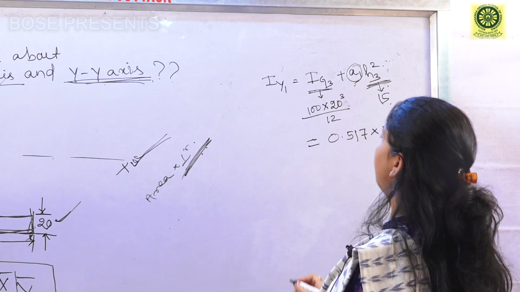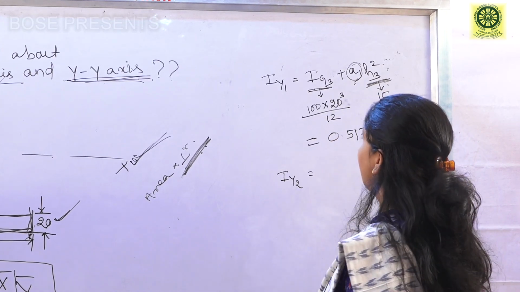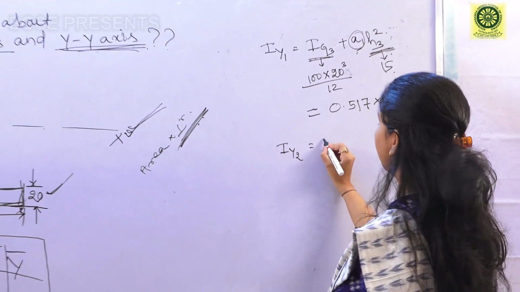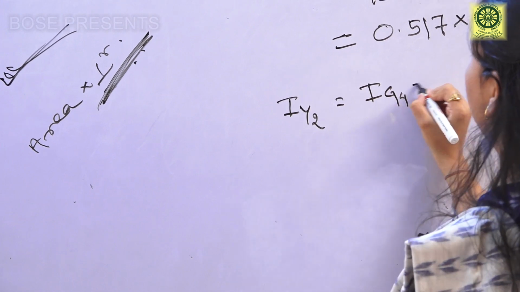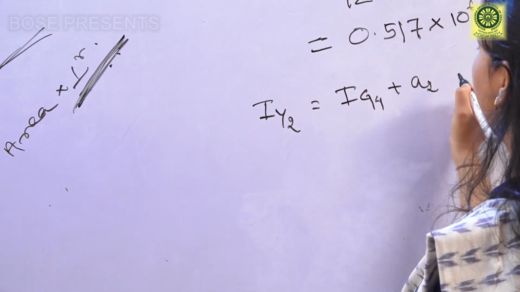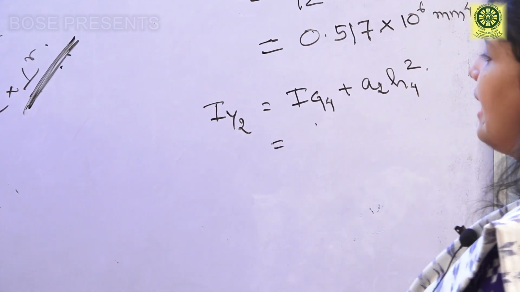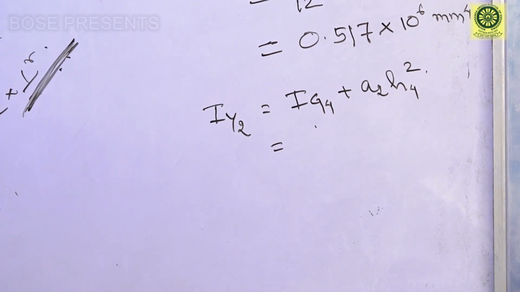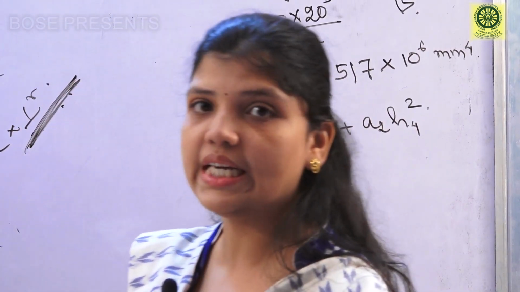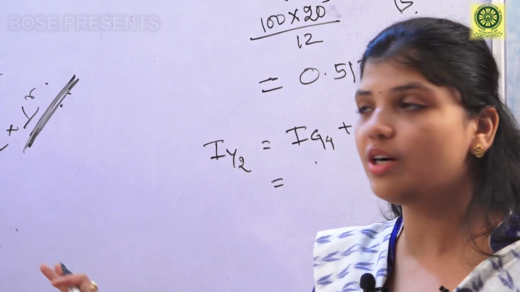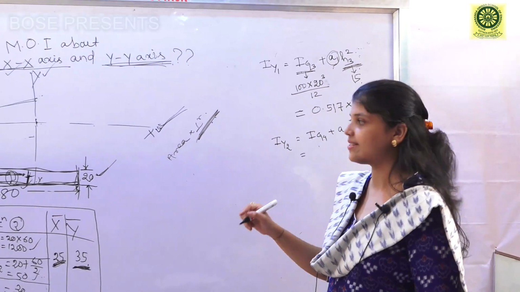Okay. Now come to Iy2. Just the same way we will find out the Iy2, that is Ig4 plus A2 H4 square. So what is Ig4? Ig4 is the moment of inertia for the section 2 about an axis passing through the centroid of the section, and that axis is parallel to the y axis.